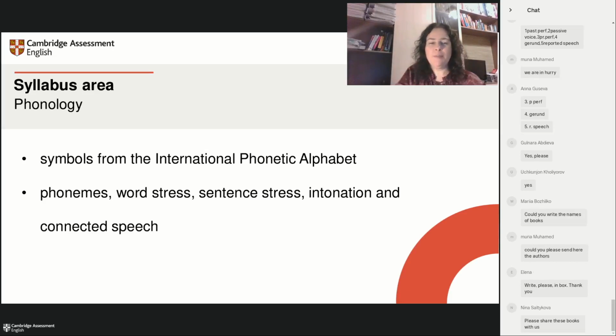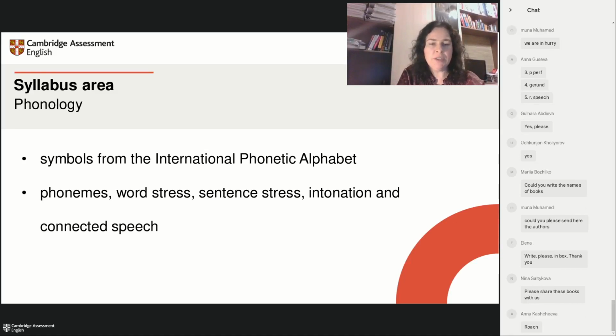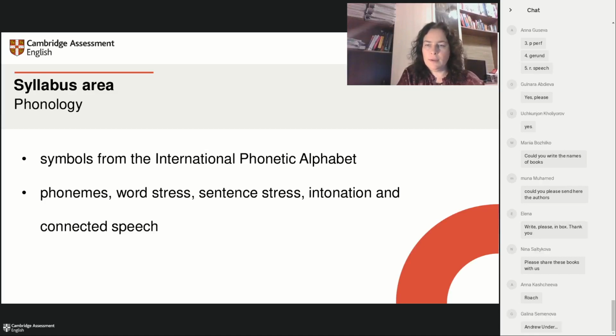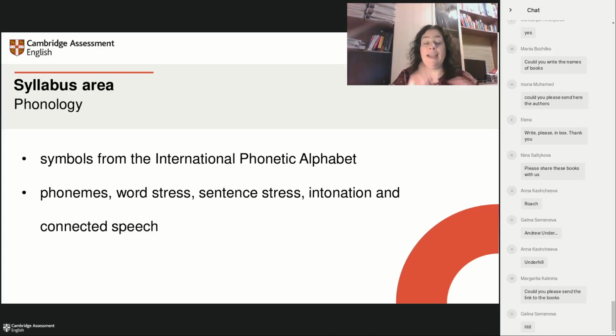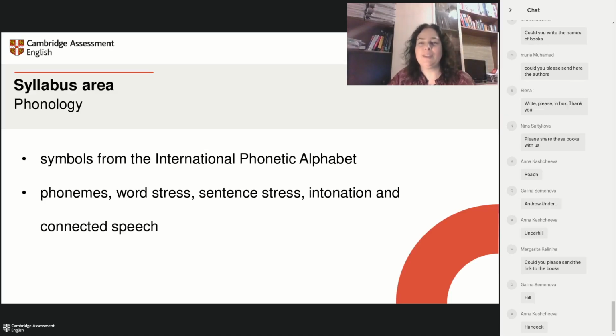Okay, so what I've mentioned is Roach, one of the authors. Then Andrew Underhill. Hancock. Oh my God. Okay, and Hancock runs a blog with his wife.